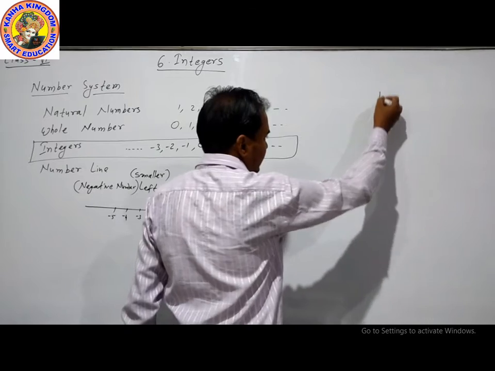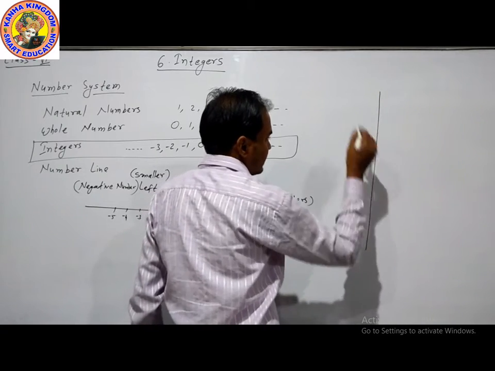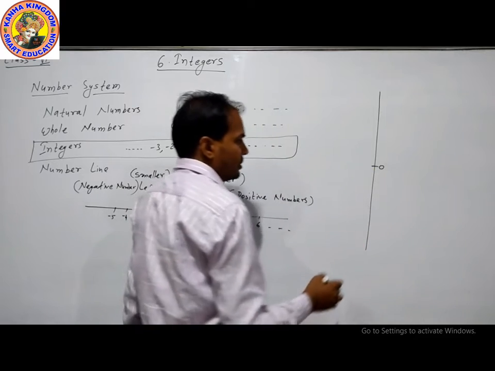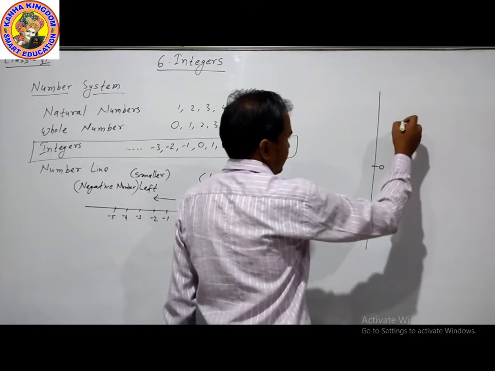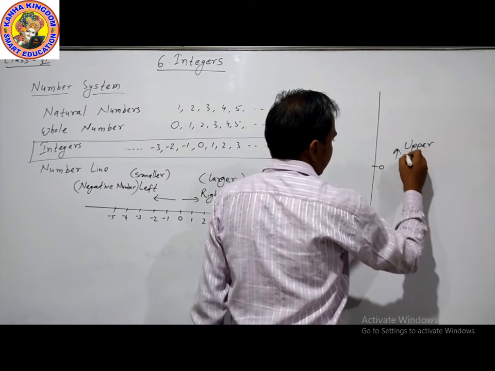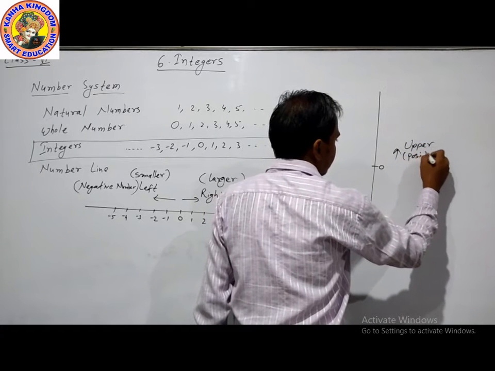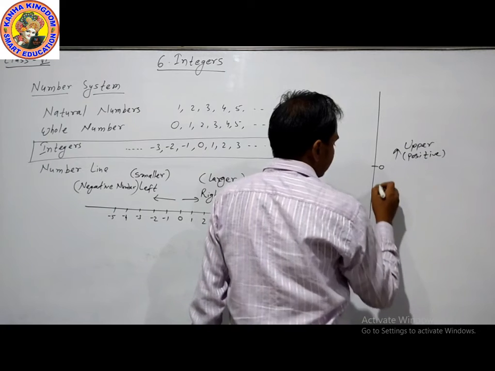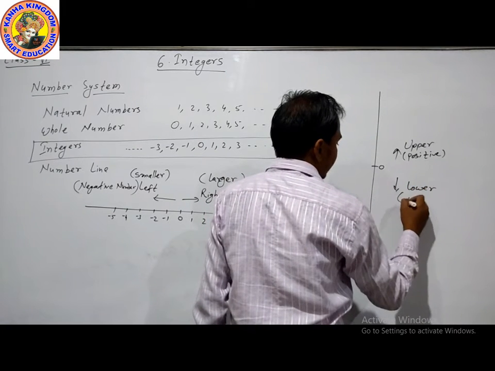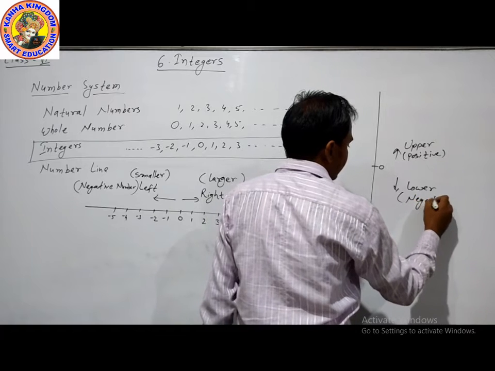The number line can also be represented like this. This is our straight line. In the middle part we denote 0. In the upper part we will place positive numbers, and in the lower part we will place negative numbers.